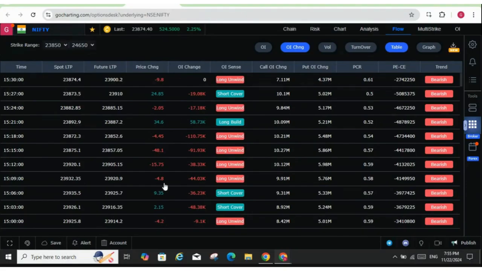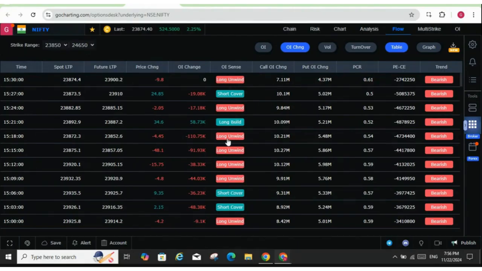These depend on two parameters: what is the price change and what is the OI change. Based on that, you can have long buildup, short buildup, long unwinding, or short covering. It monitors those parameters every 3 minutes, because OI data is updated every 3 minutes, and then based on that it gives info on what is happening in the futures.